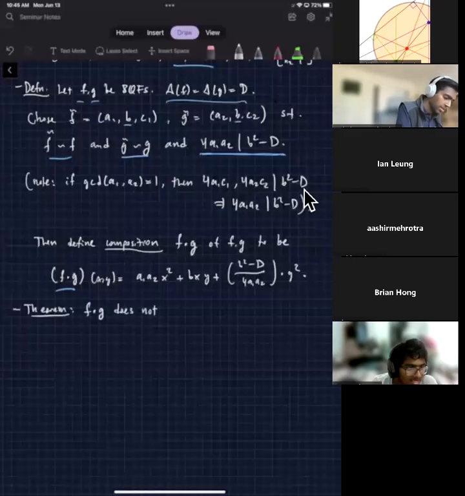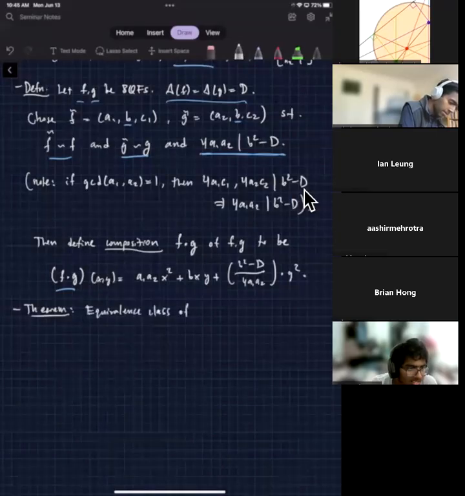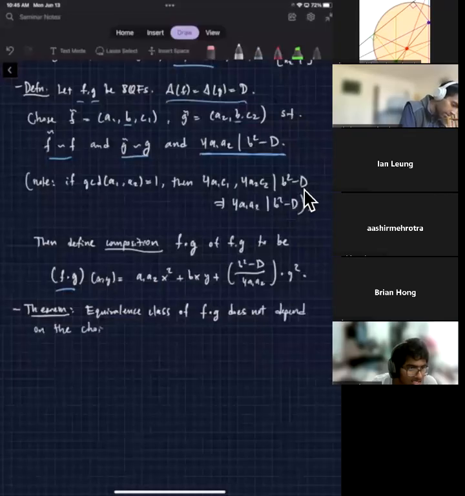So I should rewrite this as follows. The equivalence class of F dot G does not depend on the choice of F tilde and G tilde.